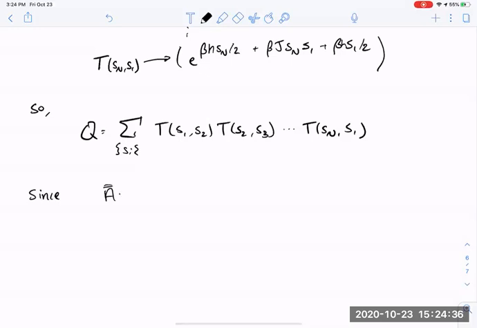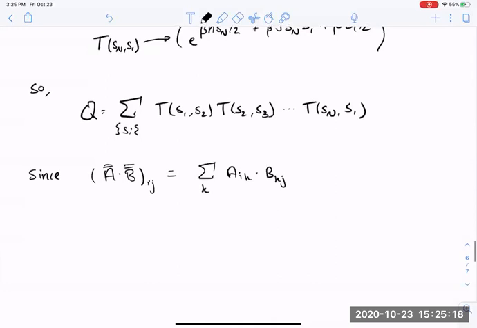Namely, if I had a matrix A times a matrix B, and I looked at the ith, jth element of that matrix, I could write that down as a sum over an intermediate index k of A_ik times B_kj. So the ith element of a matrix product can always be written down as a sum over an intermediate index, where that intermediate index plays the role of the column of the first matrix and the row of the second. So that means that the partition function is just one big matrix product.